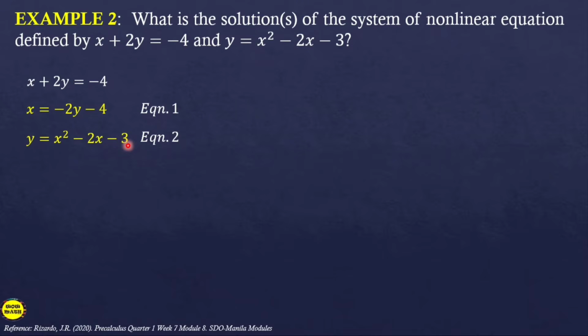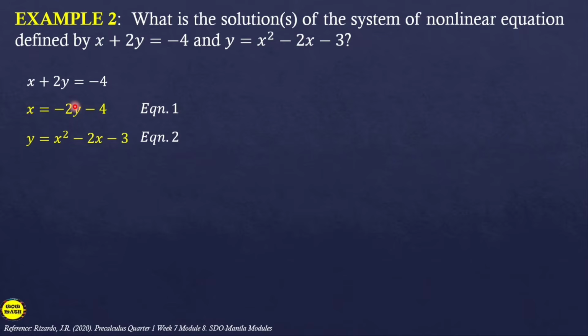So, para makuha natin, isa-substitute natin yung equation 1 natin dito kay equation 2. Okay? So, pwede rin class na ang gawin nyo, hindi natin sinolve yung x. So, ang maging equation natin sa equation 1 is x plus 2y is equal to negative 4. And then yung x squared minus 2x minus 3, yung isa-substitute natin dito sa value ni y.